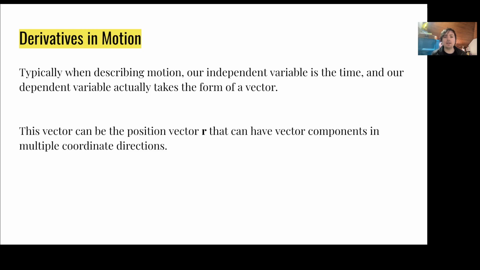Okay, so how do we use this to describe motion? Typically, our independent variable is time, and our dependent variable takes the form of a vector. This vector can be the position vector r that can have vector components in multiple coordinate directions.